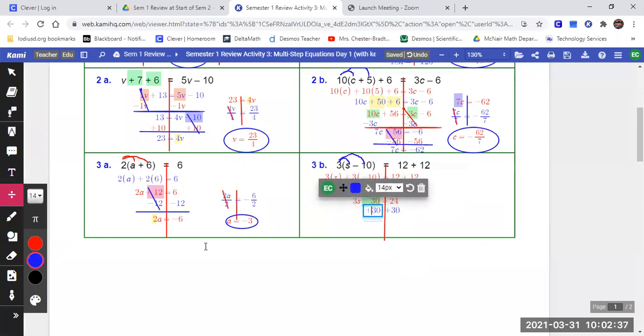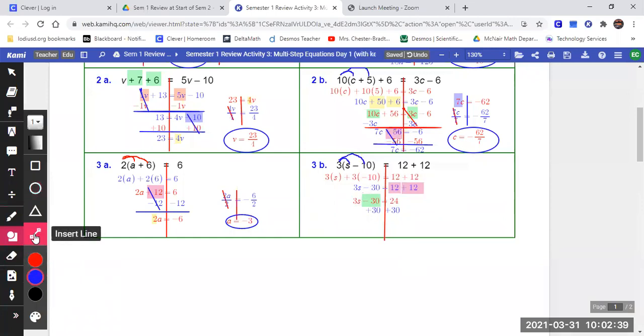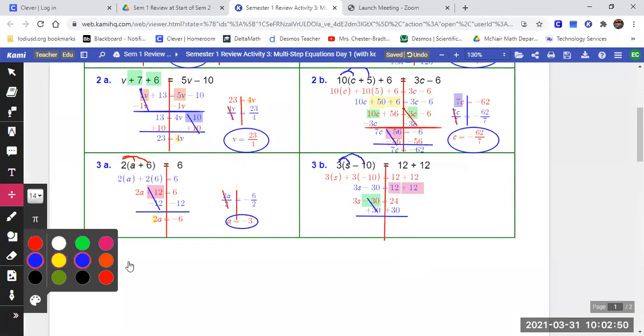Okay, so we big zeroed out that 30. It's all gone. What's left on the left-hand side then? What do we have left over there if we big zeroed the 30 away? 3S. And it has to equal the right-hand side.